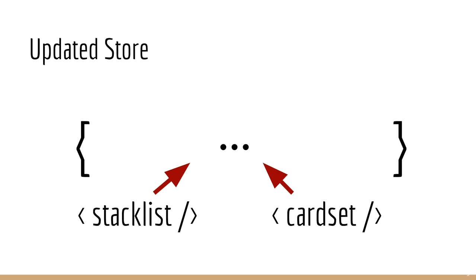Our React application is represented by the store, and at all times, any one of our components can listen to a part of the store. So in this case, we've got our stack list listening to part of the store, and our card set listening to another part of the store. And then each reducer updates the store accordingly.